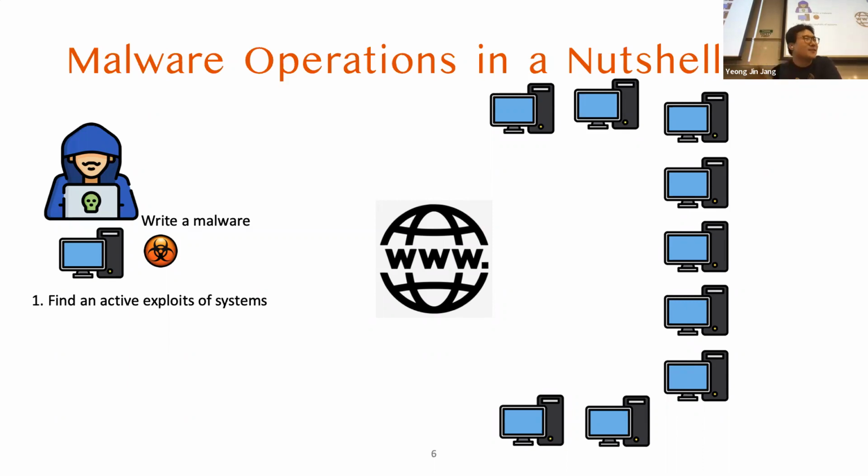After writing the malware, the attacker needs to find working exploits from unpatched vulnerabilities. If there's no patch, then they can attack all the products. But there could be a patch that has been released. For that kind of vulnerability, we call it a one-day vulnerability. Even for a one-day vulnerability, if there are many people who did not update their software or operating system, it will still be active.